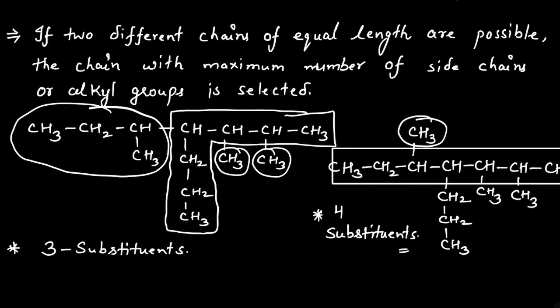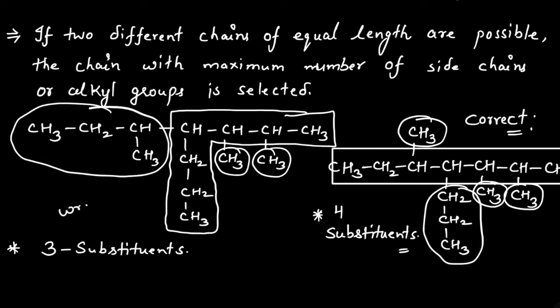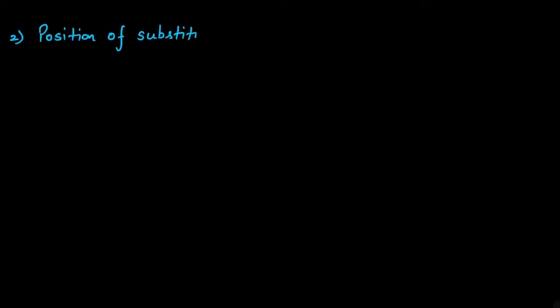This one, the second is this one, the third is this, and the fourth is this. So we will prefer this as the right answer because this has 4 substituents while the first one has 3 substituents. So now let's discuss with examples the second rule, that is the position of substituents.